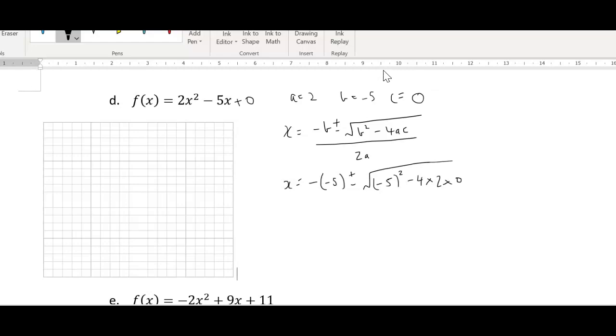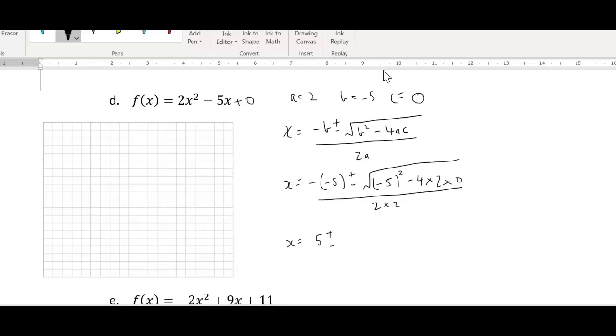So you kind of see what's about to happen there. And then over 2 times A, so 2 times 2. All right, negative 5 is positive 5. Then under our bracket, so this minus 4 times 2 times 0 is just going to be 0. So then we've got negative 5 squared is 25.